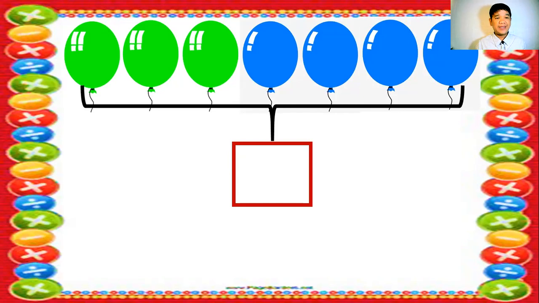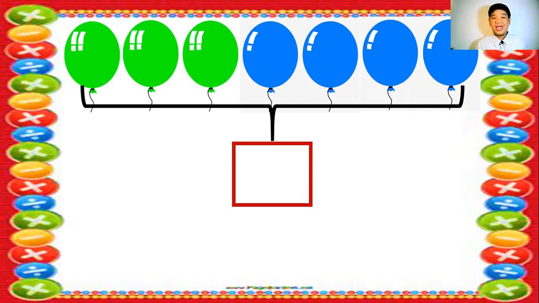Let's count again. How many balloons do we have if we count all together? Let's start with the first balloon. 1, 2, 3, 4, 5, 6, 7.